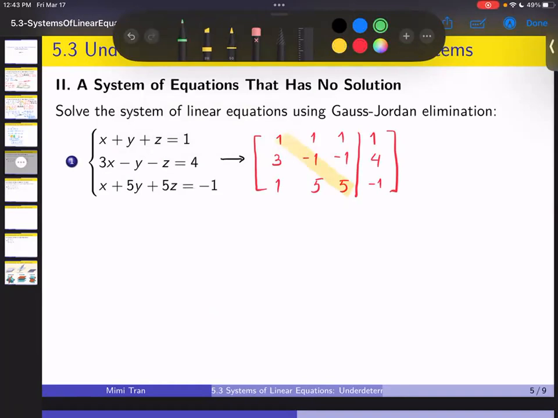My first entry is 1, so I don't have to flip anything. Eliminate 3. At this point, somebody should tell me what to do. Kobe, do you want to give it a shot? The second row changes, right?